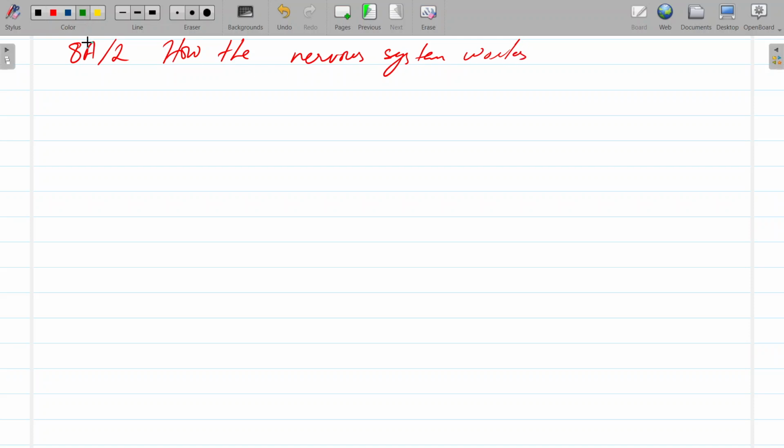And in this, we are going to focus on how a nerve impulse is generated and travels along a neuron.